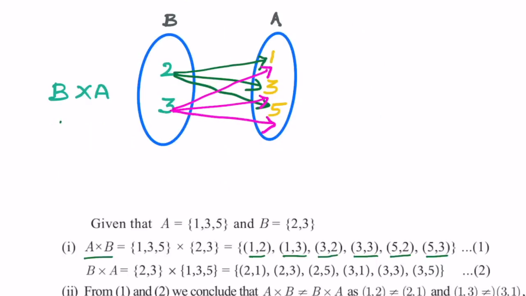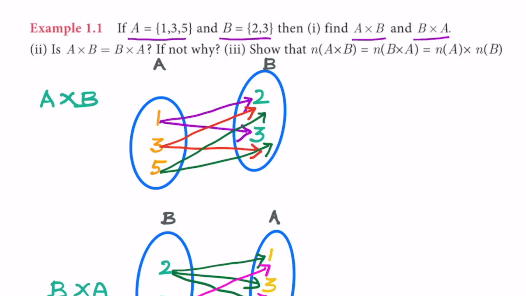Now, we have formed 6 ordered pairs (2,1), (2,3), (2,5), (3,1), (3,3) and (3,5). So, the set of all these ordered pairs is B cross A.